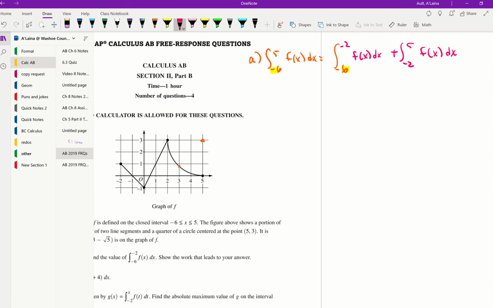So we could split this up. We know that this one is 7, and this is what I'm trying to find, the definite integral from -2 to 6. And I can't find that by looking at the graph. Okay, you can call this whatever you want.